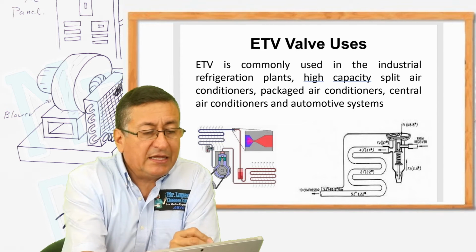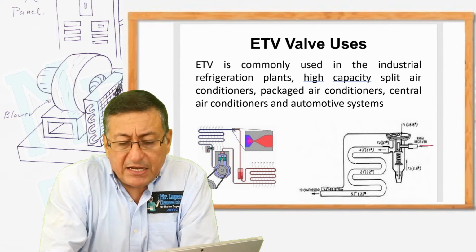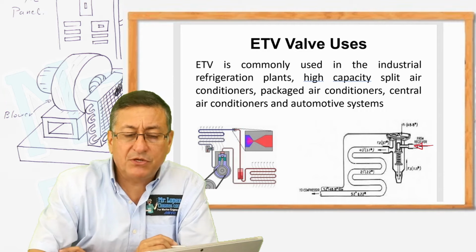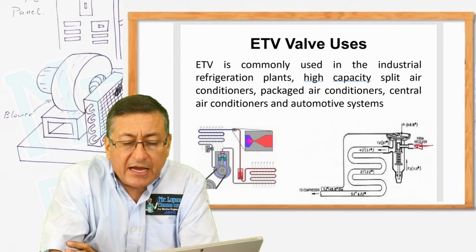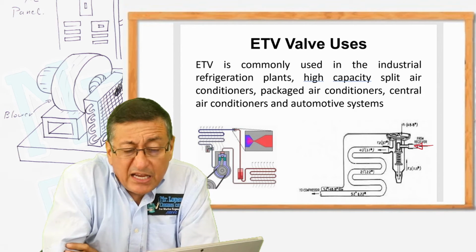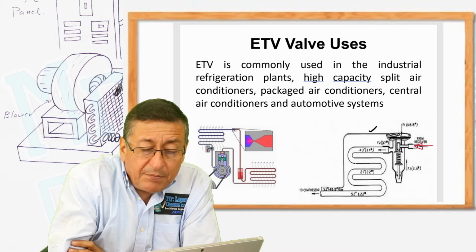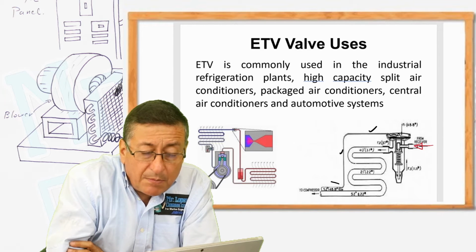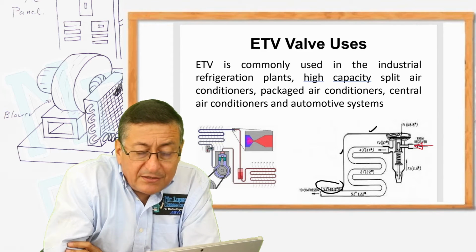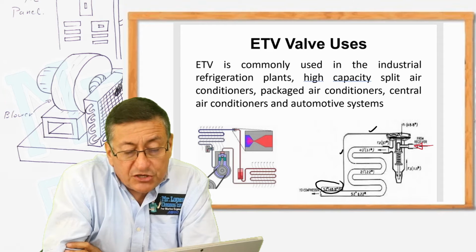Look at this. The refrigerant at high pressure and high temperature enters over there, and here is located the diaphragm. This is the small capillary pipe connected with the bulb, and this is the discharge side.